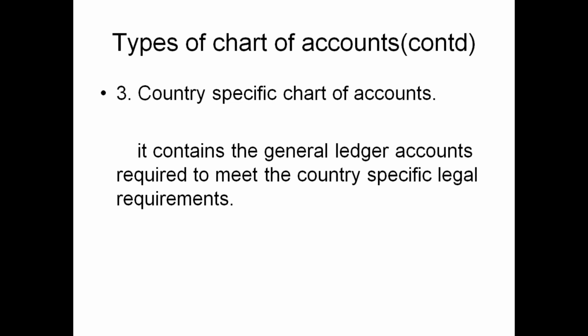Then we have the country specific chart of account. For example, we are working for 10 company codes. One is in the Middle East, another in China, one in Australia, then 2-3 in the US, and again 2-3 in Europe.